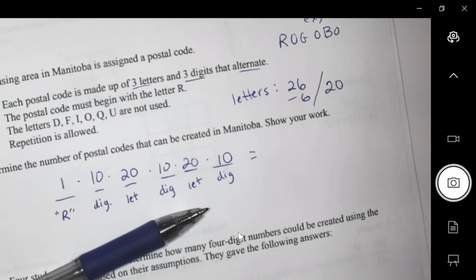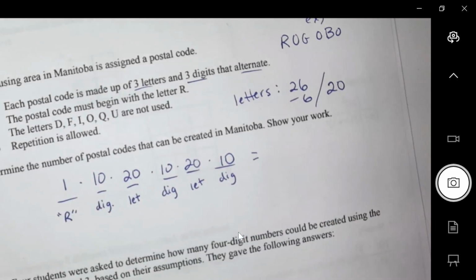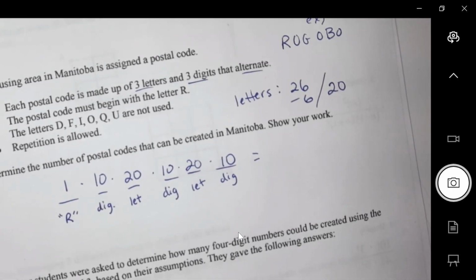So 12 is not a digit. That's 2 digits. Can you have the same postal code, or is it only unique? Every town would have a different postal code, just like your license plates and stuff like that. You don't have the same license plate as anybody else. Same with phone numbers.